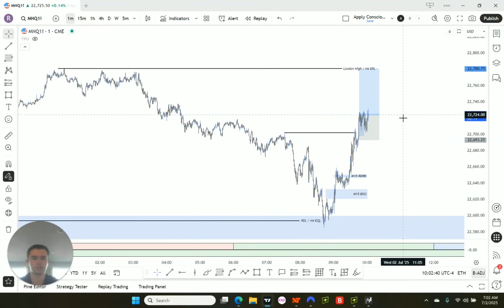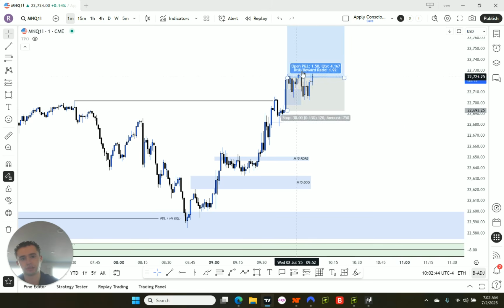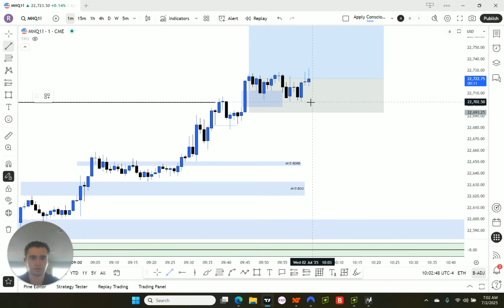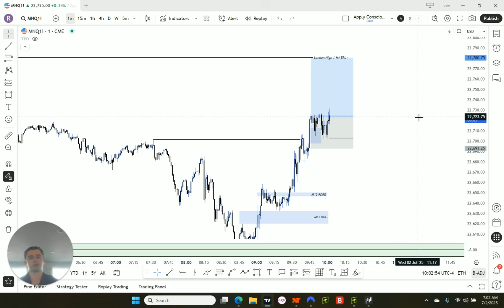As a progression, it's continuing to try and progress. I want to see it move. Sweep liquidity, it's progressing. We're in a very aggressive trade. We'll see if it'll move or not.